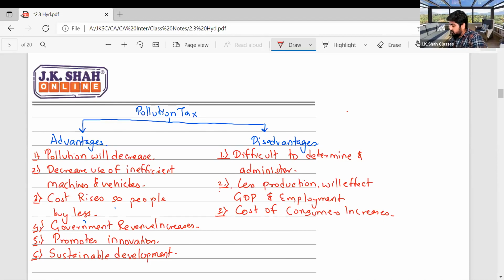Lot of wastage. Okay, Someshwar. That's a very interesting point, Manvi. It will also encourage the level of inflation. What else? No practical solution. Because even after paying, people will be still polluting only, no? So it is not a practical solution.